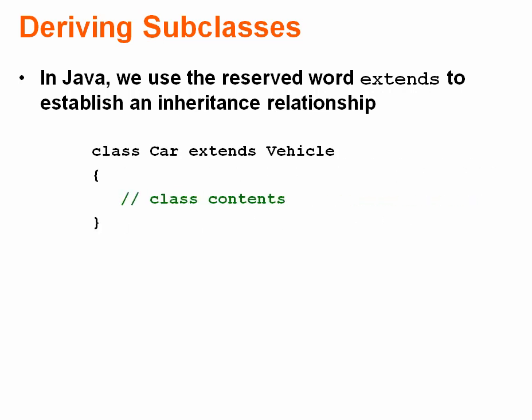Here is an example where I am providing code: class Car extends Vehicle, and then the body of the class Car. Because we are extending the Vehicle class, Vehicle is the parent class and Car is our child class.